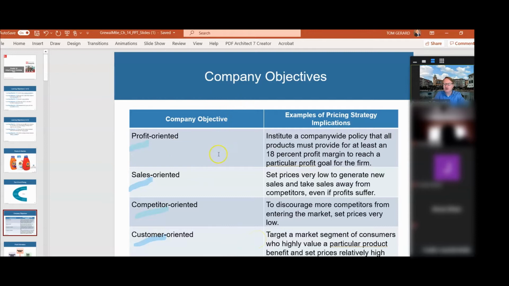But this is really our objective: are we reaching a specific customer that has the money to spend large dollars on things like Rolexes? These two in the middle are more your low price.